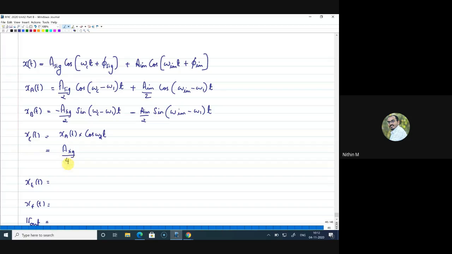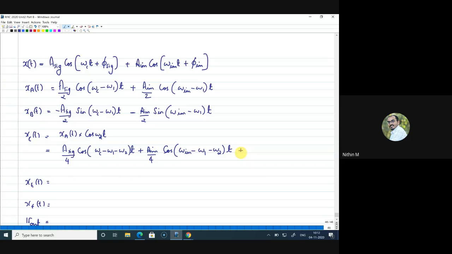So this is a signal by 4 cos of omega c minus omega 1 minus omega 2, plus image component by 4 cos of omega 1 minus omega 2 into t, right. So these are the difference components.